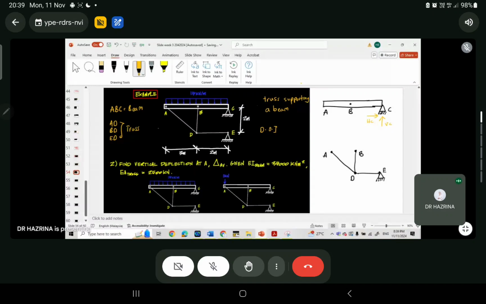So then you kira you punya DOI untuk beam. DOI untuk beam adalah R minus N minus C. So dalam case ni, how many R that you have? Reaction you hanya ada 2.